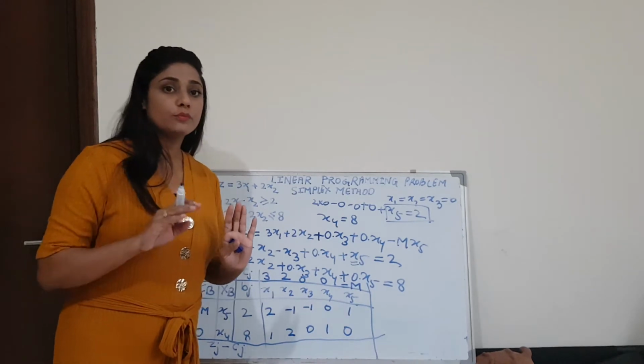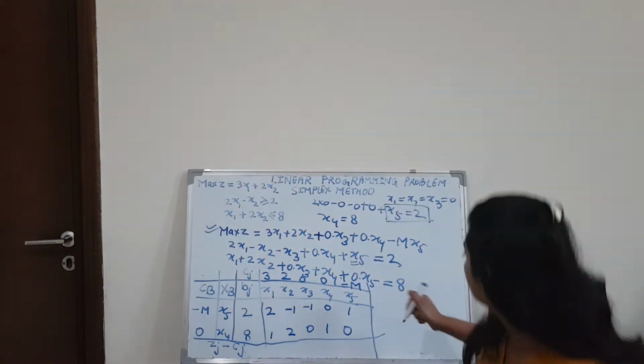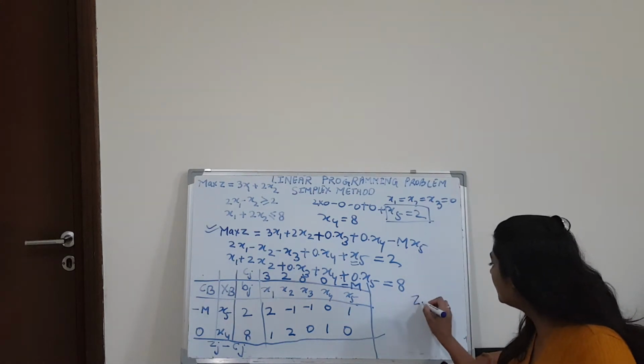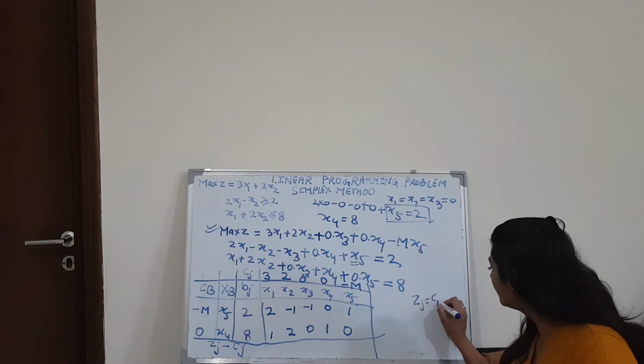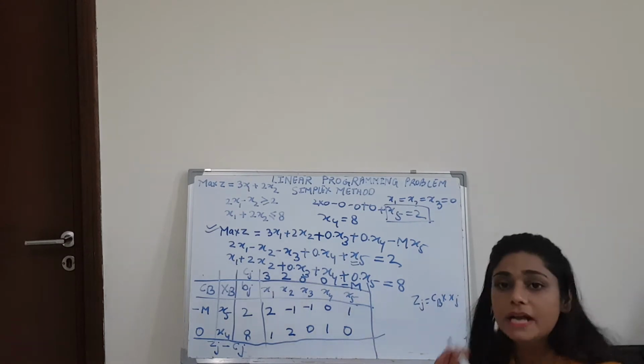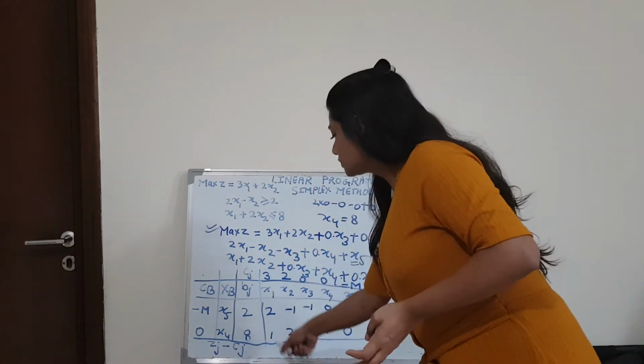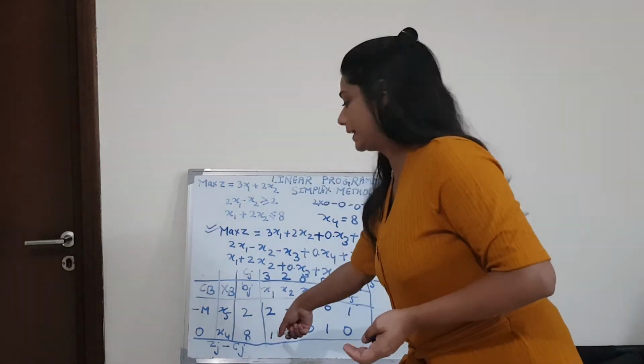The Zj formula I told you in my previous video. Zj is equal to Cb into Xj. Means if we are calculating Zj for the first column, how will we calculate?